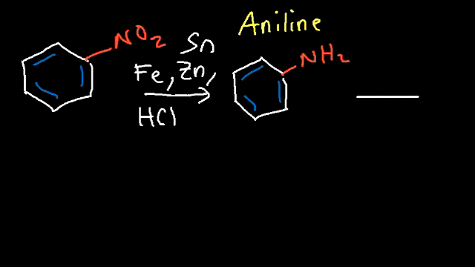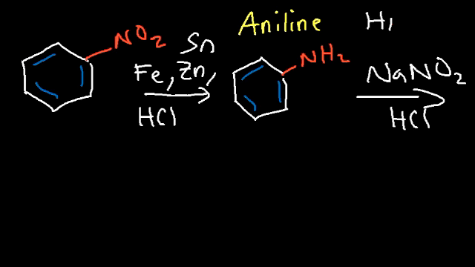Now, what's going to happen if we add sodium nitrite with hydrochloric acid at very low temperature conditions, like 5 degrees Celsius? Sometimes you might see it as HNO2, or you might see it as HONO, which is the same as HNO2. Any NO2 with HCl produces HNO2 and NaCl.